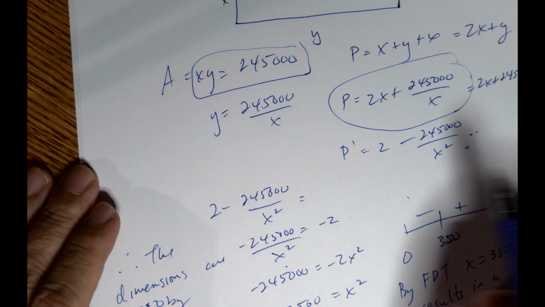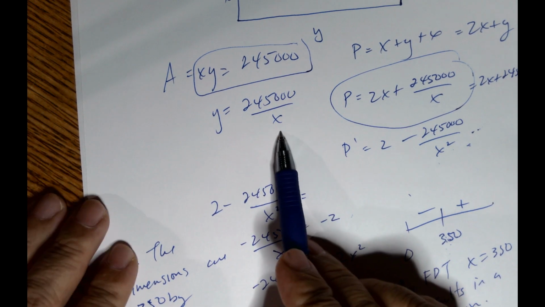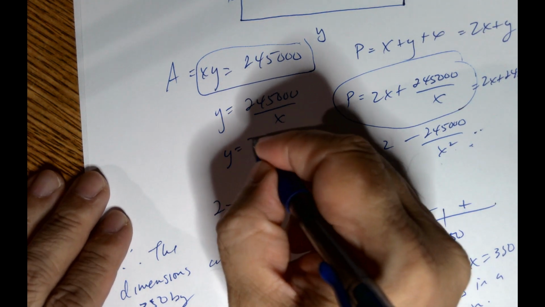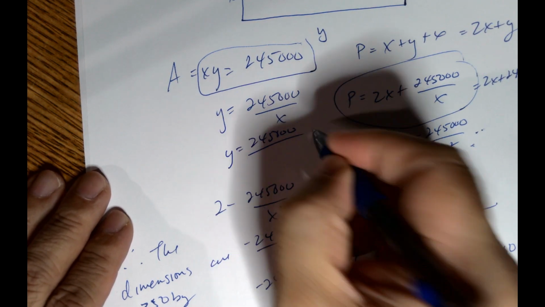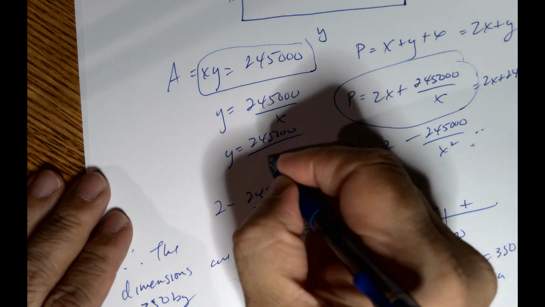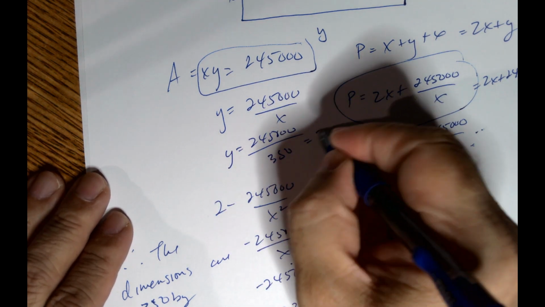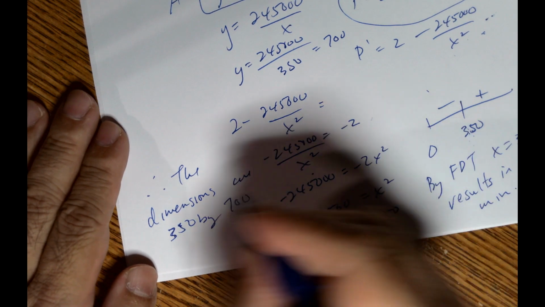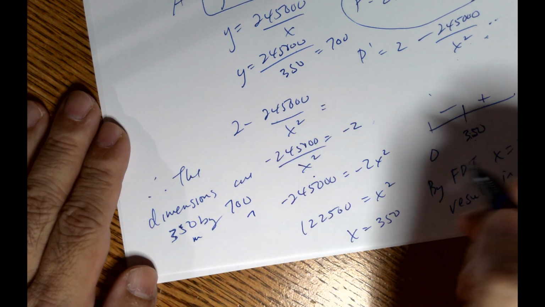What is here? y equals 245,000 divided by x. So y equals 245,000 divided by 350. And that gives me 700. So by 700. 350 meters by 700 meters.